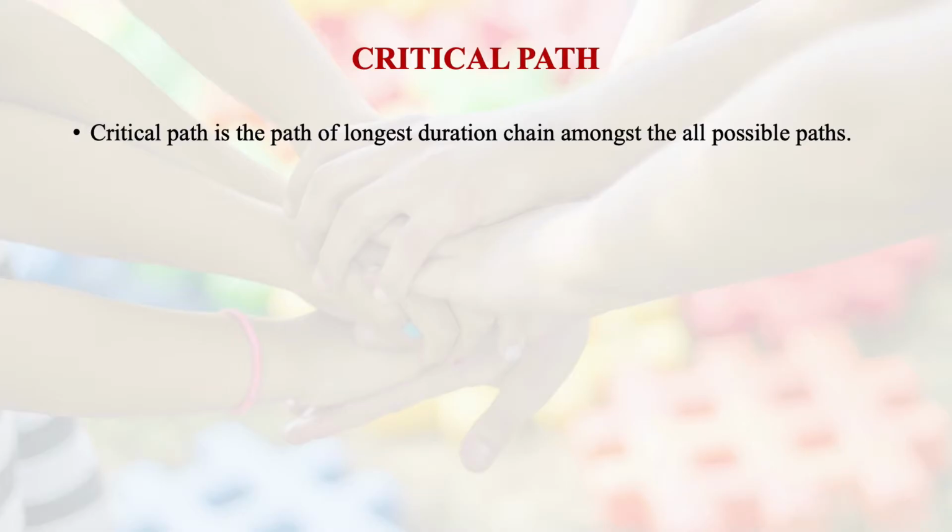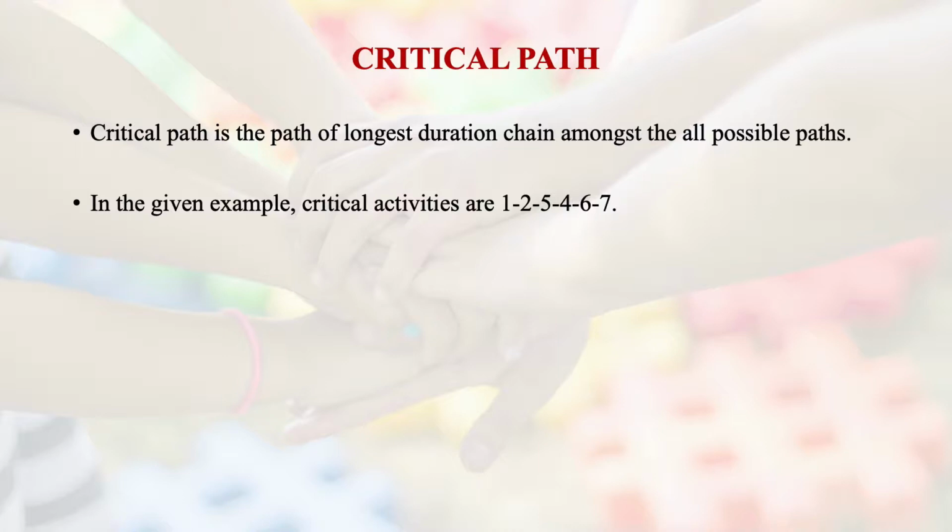We need to find the critical path using this diagram, which includes latest as well as earliest occurrence time of the events and activity time. Critical path is the path of longest duration chain amongst all possible paths. Longest path we are looking for.